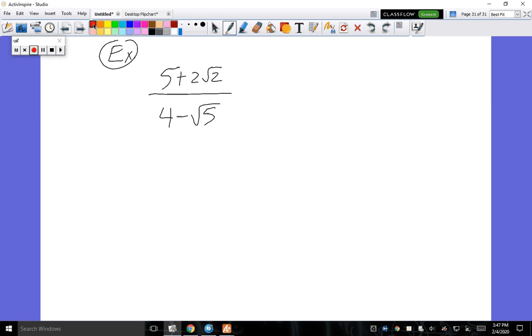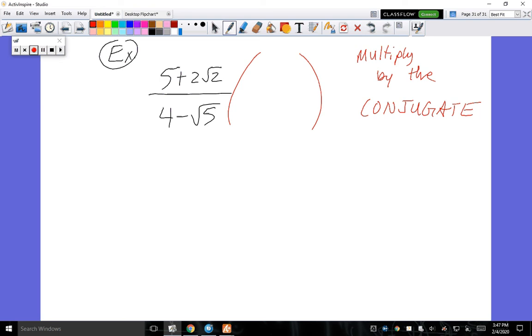I'm going to multiply by a form of 1, and this form of 1 is called multiply by the conjugate. Just a fancy word of saying it's a piece that will not only get rid of this square root, but will simplify the bottom as well.